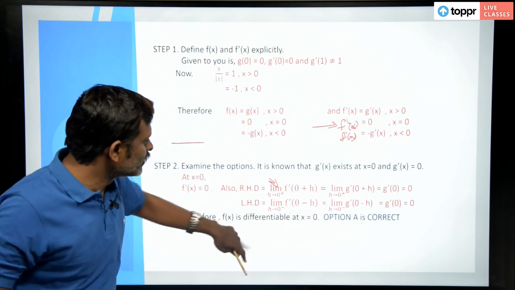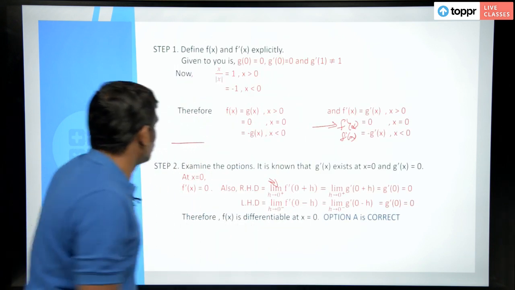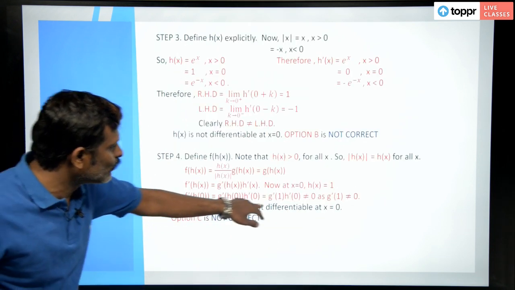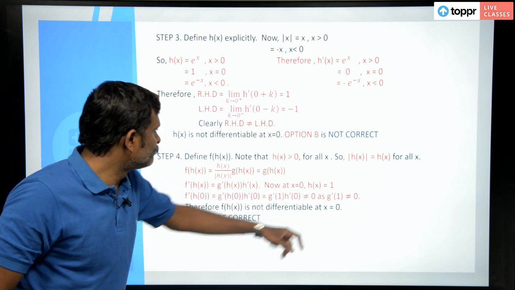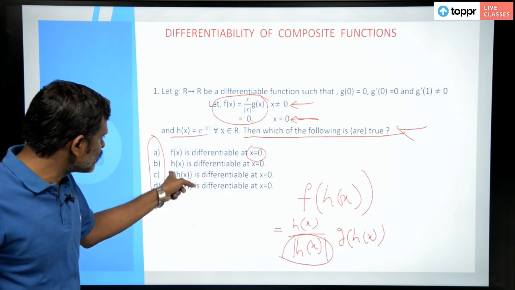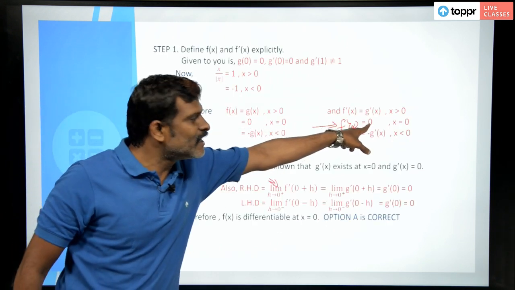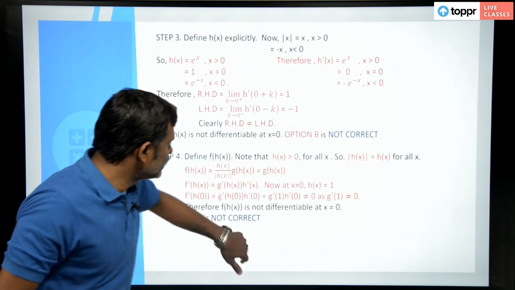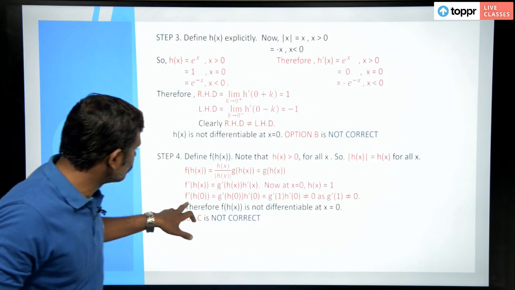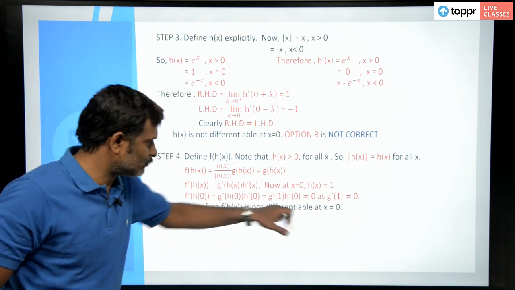When g dash 1 is not equal to 0, then your f dash of h of 0 is not equal to 0. But a function is differentiable when its derivative is 0 at x is equal to 0. But here what did we get? The same f function, we got its derivative as non-zero, right.